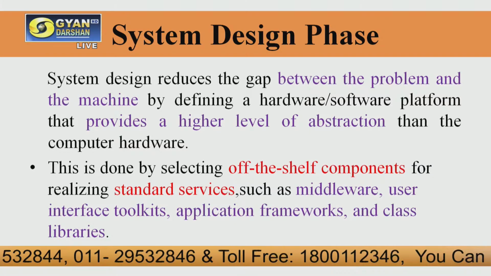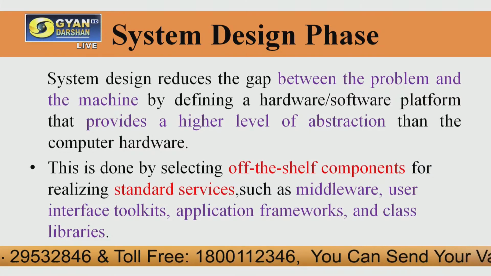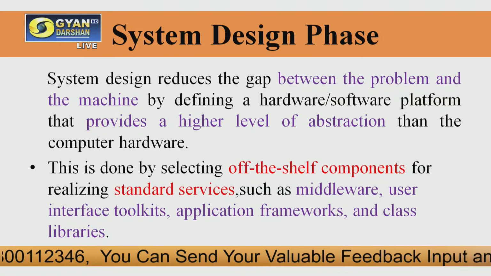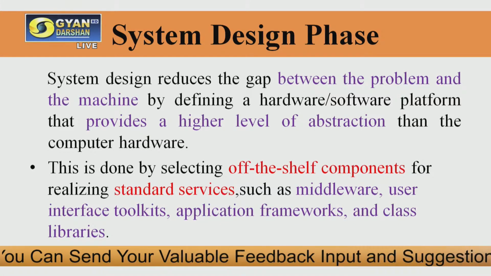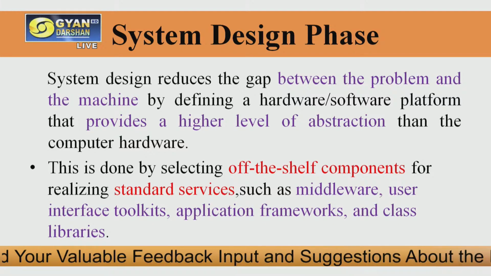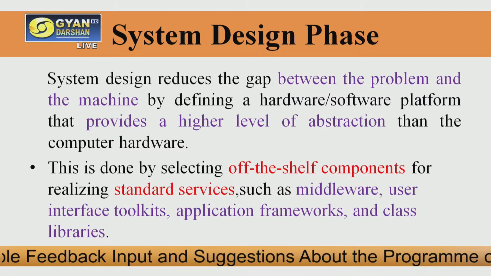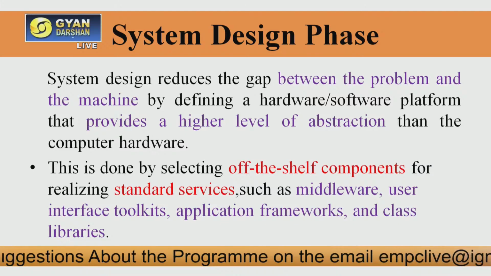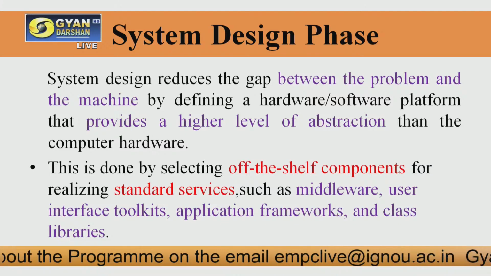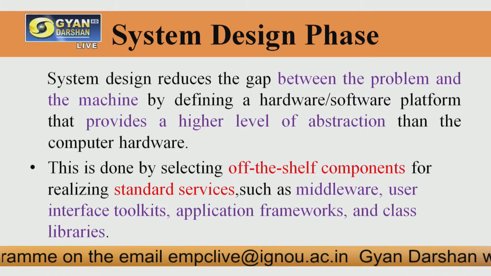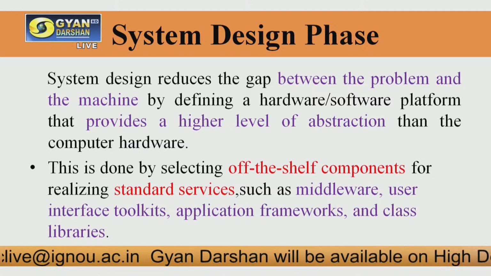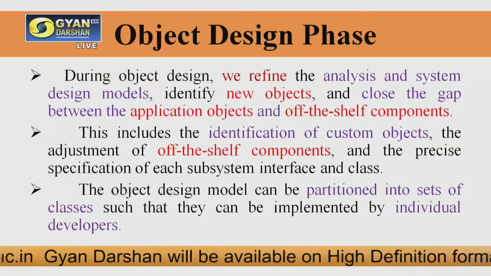For that purpose, standard services can be taken with the help of those off-the-shelf components, such as some middleware, user interface toolkit, and some application framework or libraries which we can use for specific service requirements in the system.